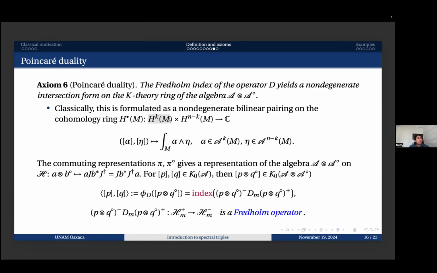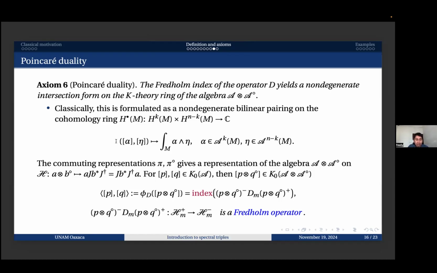No, it's not an isomorphism. I forgot the relation, but there is a relation between these two objects, the K-theory and this cohomology ring, and that's why we can formulate this Poincare duality condition in the non-commutative setting by using the K-theory.